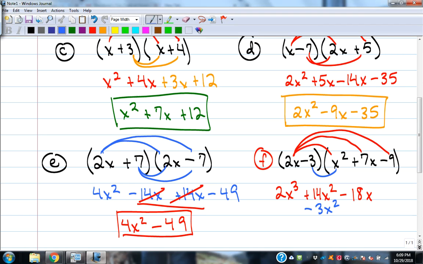Stack it up like that so that your like terms are together. And it keeps you from having to have a problem that's 8 foot long to add together. So stacking it up with your terms can be helpful. Negative 21x positive 27.